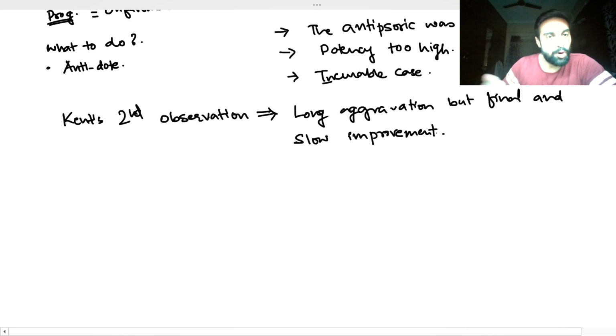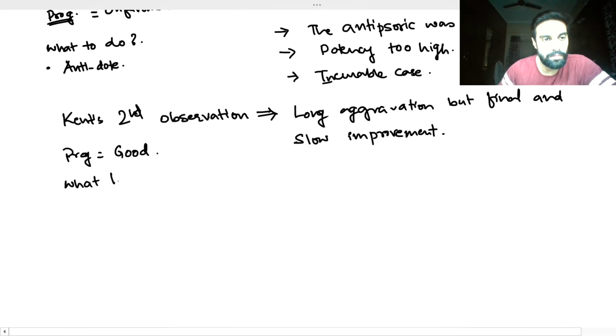So the prognosis is good. And what to do? Since there is improvement, finally there is some improvement, so you do nothing. So this was Kent's second observation.